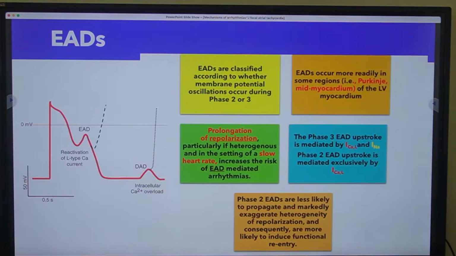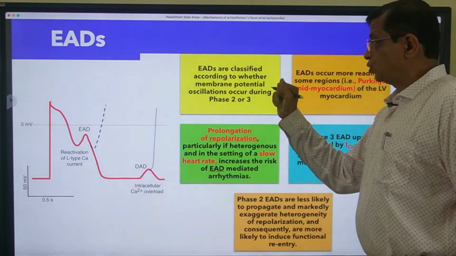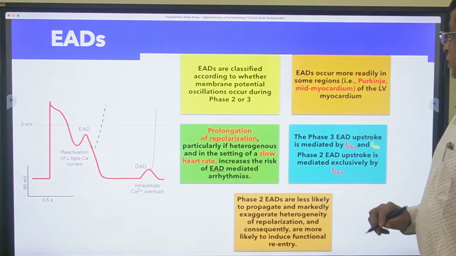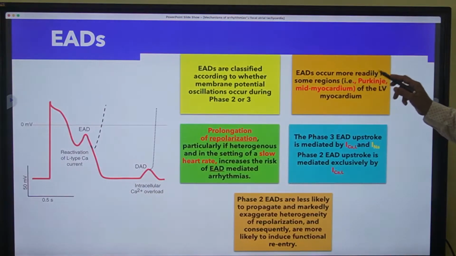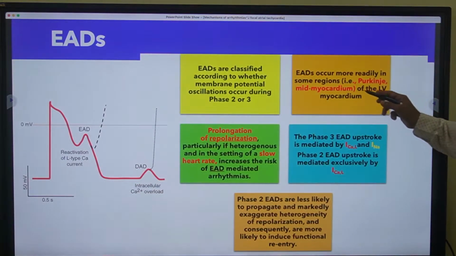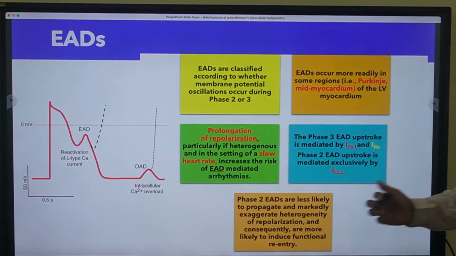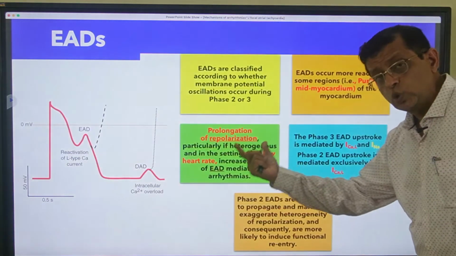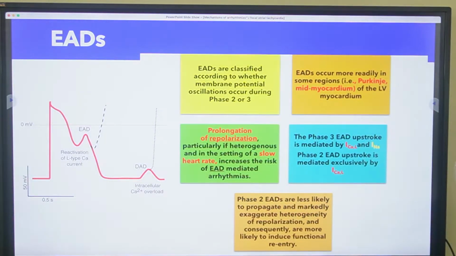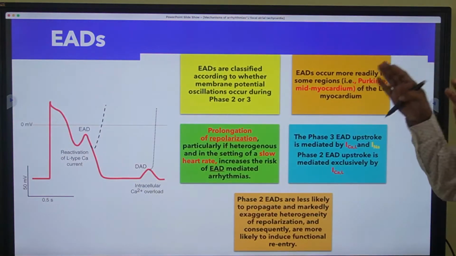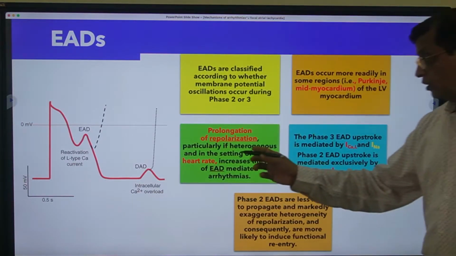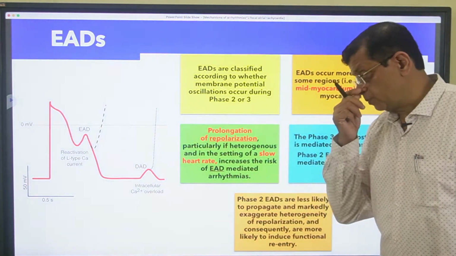Early after depolarizations are classified according to whether the membrane potential oscillations occur in phase 2 or phase 3. Early after depolarization occurs readily in some regions, especially the Purkinje fibers and the mid-myocardial cells. Prolongation of repolarization, particularly if heterogeneous and in the setting of slow heart rate. So whenever the repolarization is prolonged, for example by some drugs like class 3 antiarrhythmic drugs, they can give rise to early after depolarization.